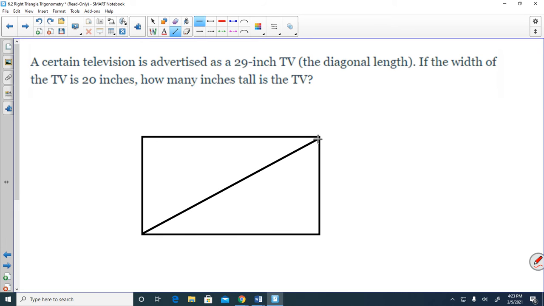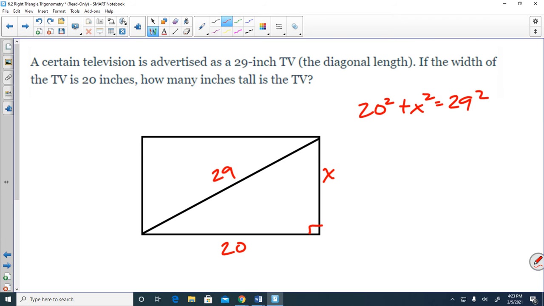So let's say that's 29. TVs have right angles. If the width of the TV is 20, how many inches tall? So I would solve for this. So I could set up 20 squared plus x squared equals 29 squared, and then I would solve the problem.